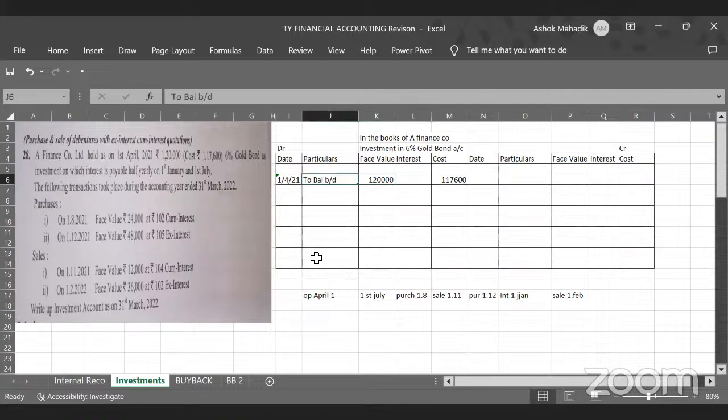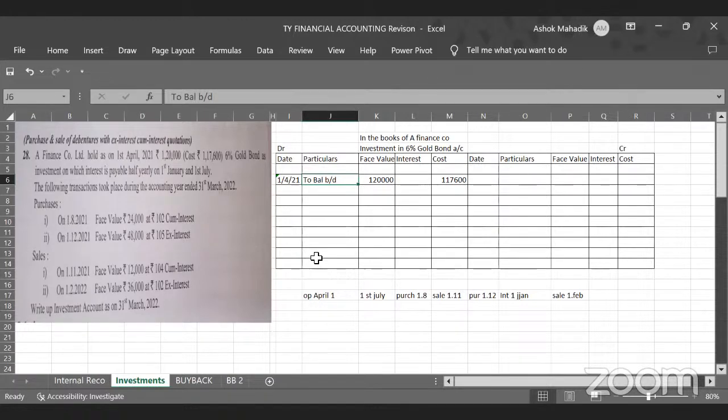Always remember, you have to calculate interest from the previous interest payment date till the current transaction date. Since this is the opening balance, it is on 1st April. So before April, we must have received interest on 1st Jan, right? So from 1st Jan till 1st April. How many months are there?